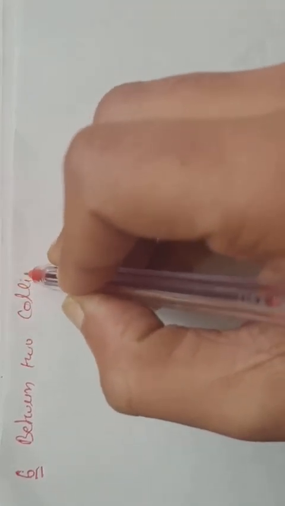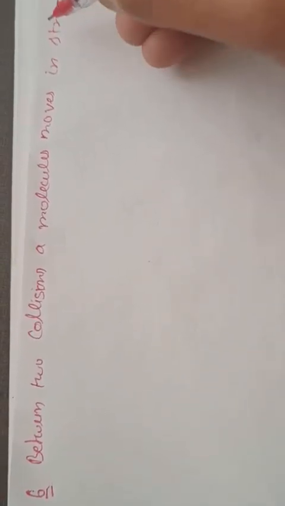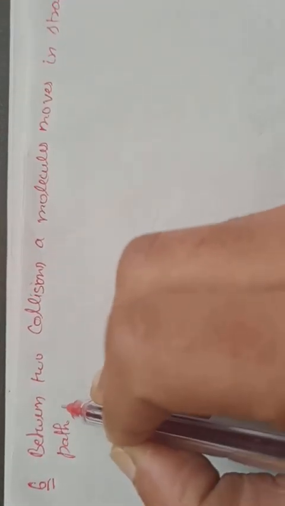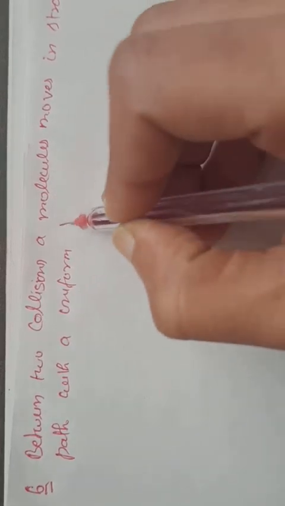Number 6, between two collisions, a molecule moves in a straight path with a uniform velocity.